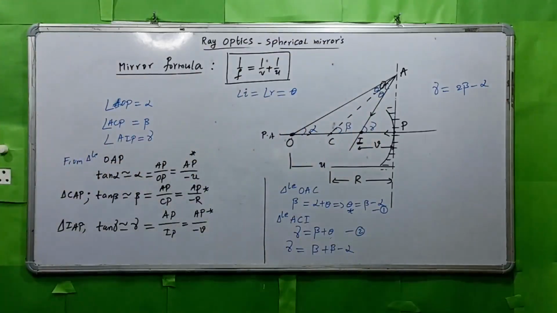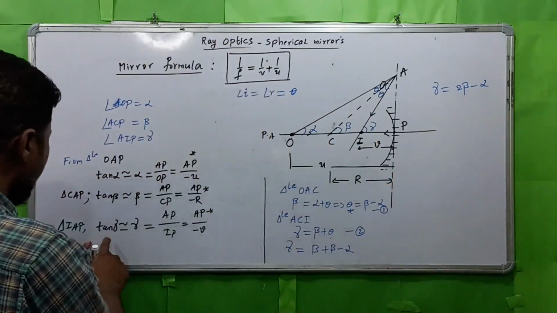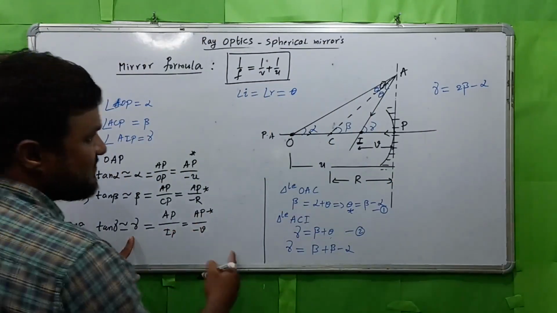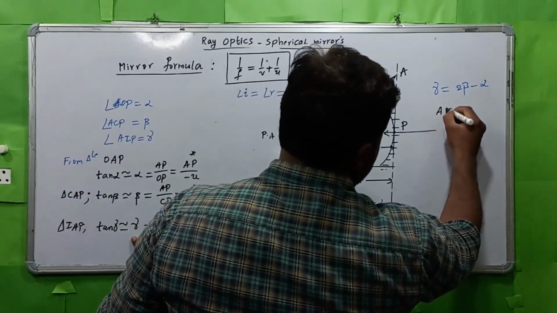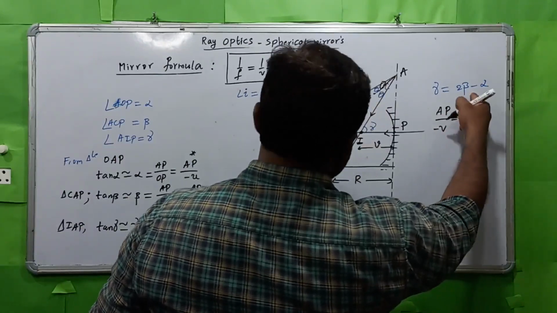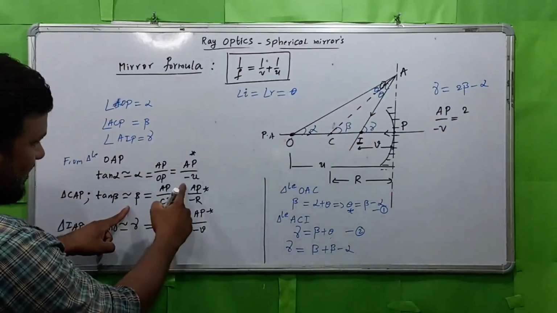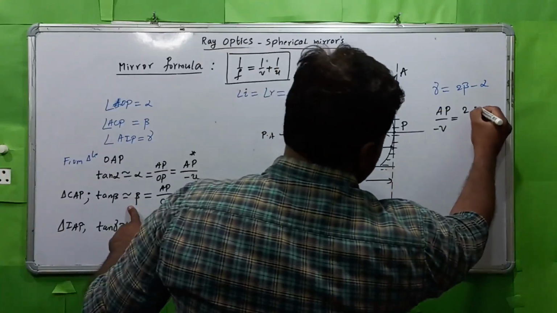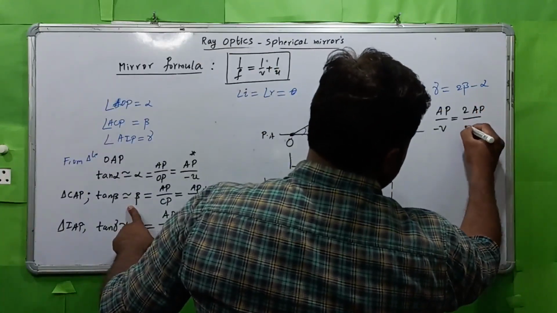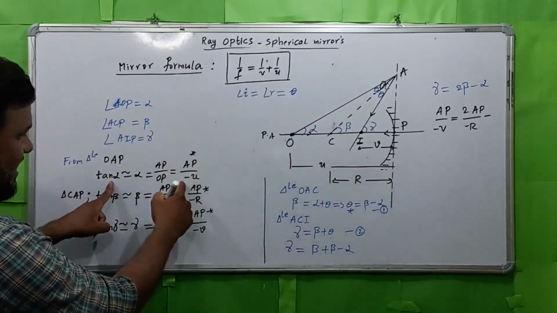We already derived alpha, beta, gamma. What is gamma? Gamma is AP by minus v. AP by minus v is equal to 2 into beta, what is beta? This is beta, AP by minus R. 2 into AP by minus R minus alpha. Alpha is AP by minus u.